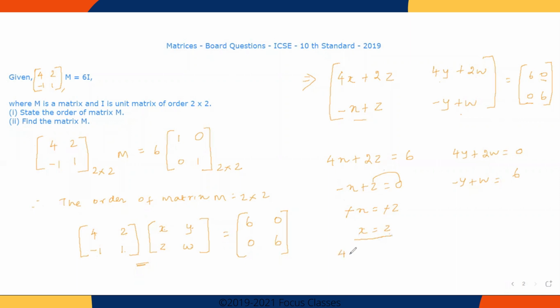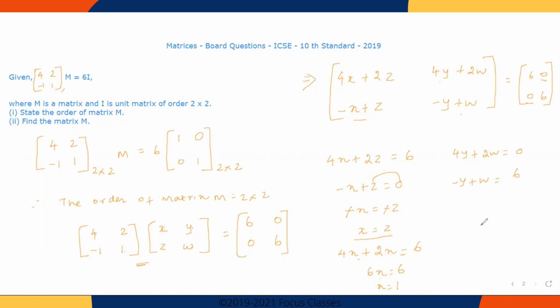So we will be getting 4x plus 2x, instead of z, we are replacing that z as x. So 4x plus 2x is equal to 6. 6x is equal to 6. X is equal to 1.